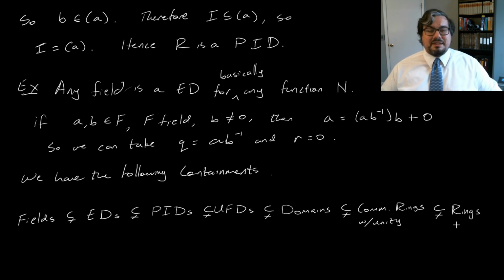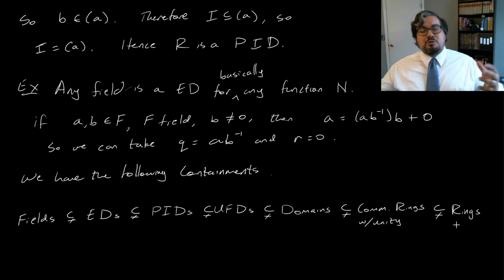You know that everything that you work with is a principal ideal domain and a UFD, and et cetera. And so there are lots of tools that you have at your disposal to prove things, but you're proving things about a narrower class of rings. On the other hand, the further to the right you go, you're proving statements about more general rings, but you have much less to work with.